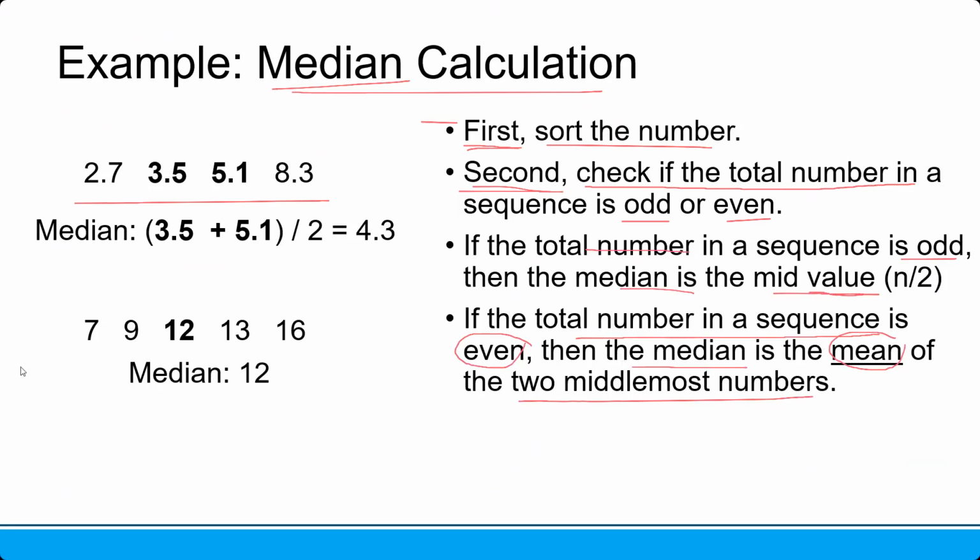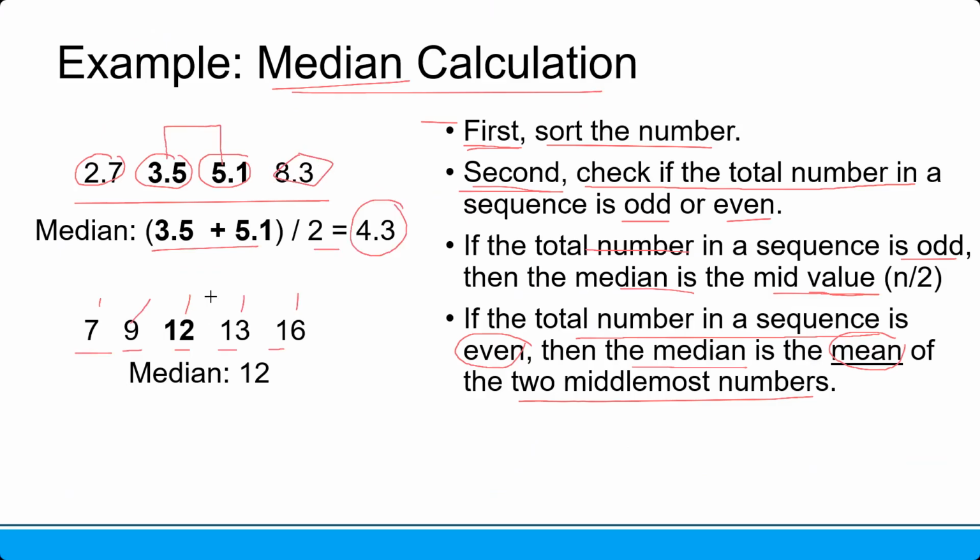For example, we have these numbers 2.7, 3.5, 5.1, and 8.3. Then what is the median? The median is these two numbers. We do the addition and then divide by 2. So the median is 4.3. What about these numbers? 7, 9, 12, 13, 16.